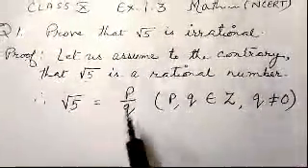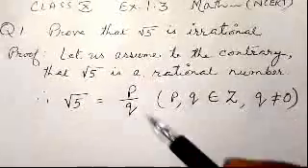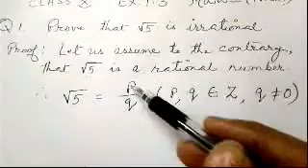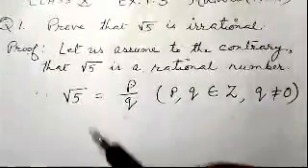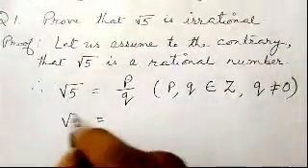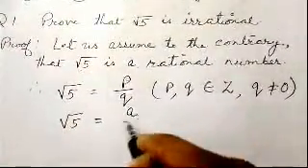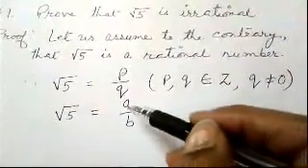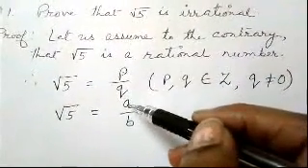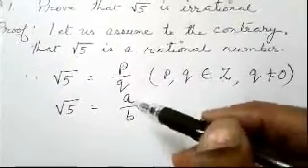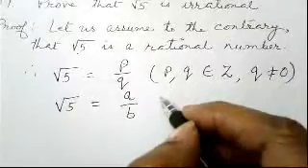Now after representing in the form of P by Q, we cancel out the common factors, if any, and write the same rational expression in the least form. Suppose its least form is A upon B. Least form means there are no common factors between A and B except 1. 1 is the only common factor.